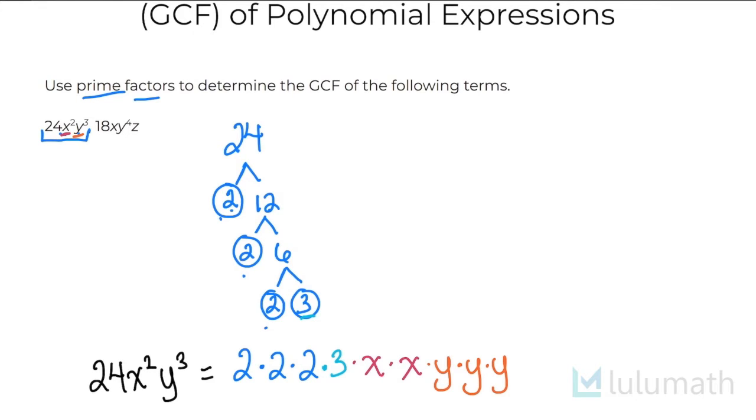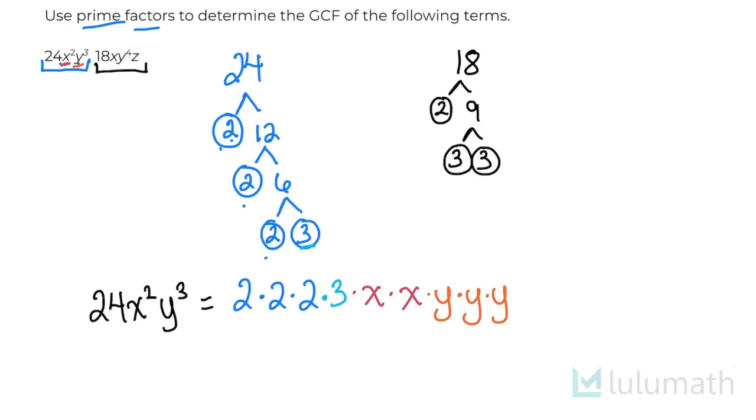Now, let's do the same thing for 18. For 18, we can divide 18 by 2. 18 divided by 2 is 9. And then 9 is divisible by 3. We've got 3 and 3 left over. So for 18xy to the power of 4 z, we're going to say that that's equal to a single 2, times 3 times 3.